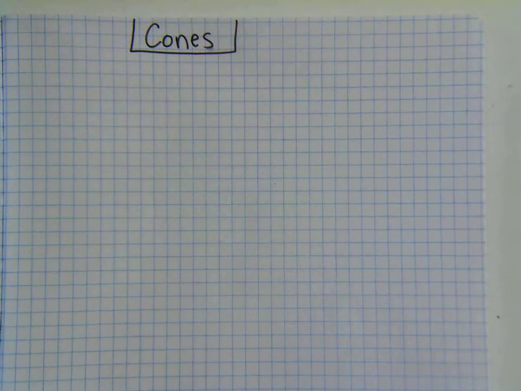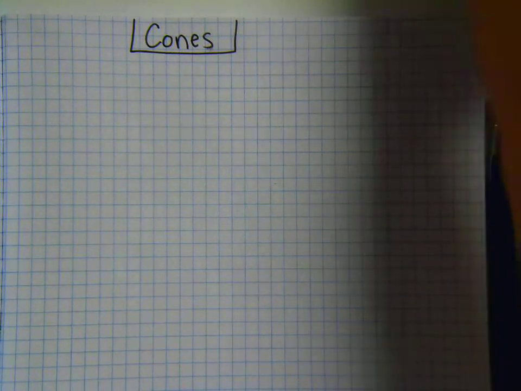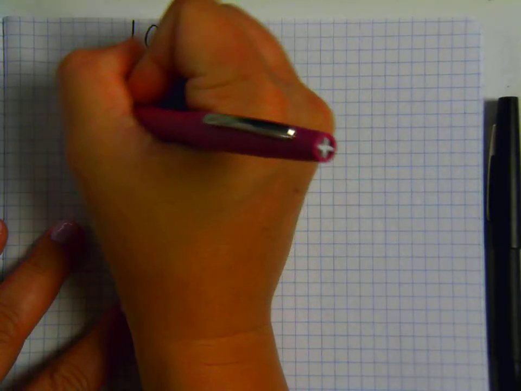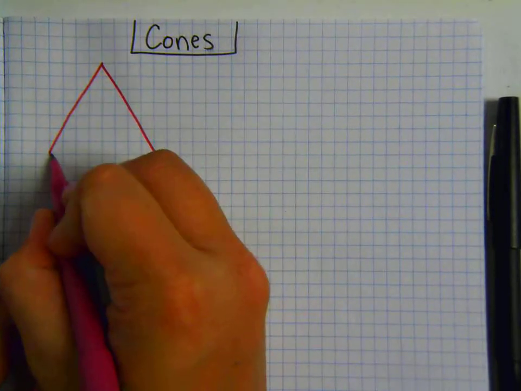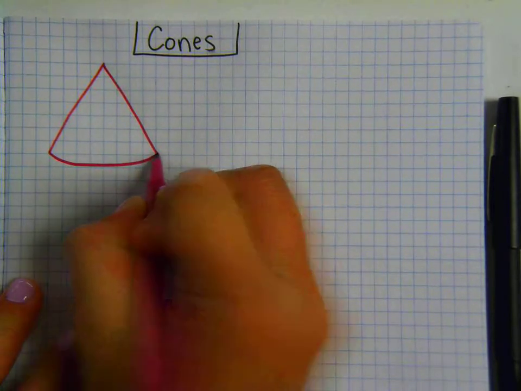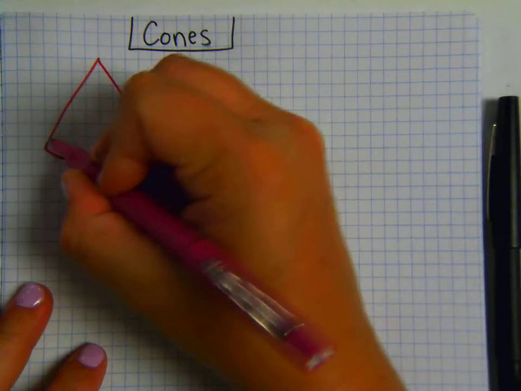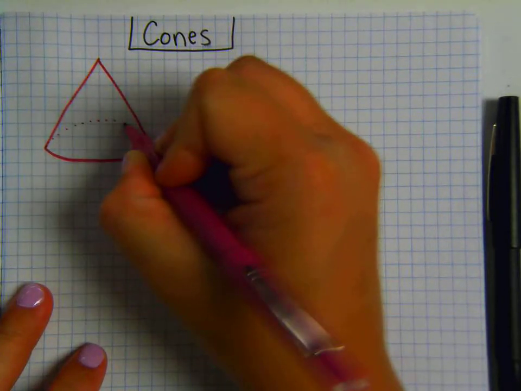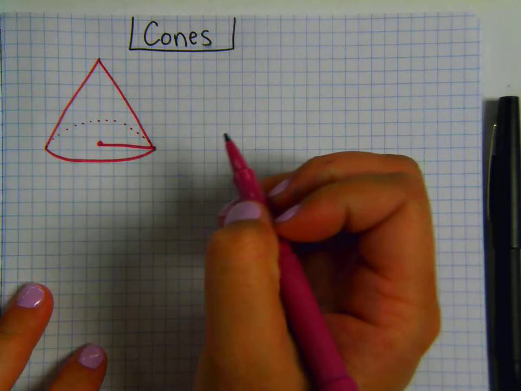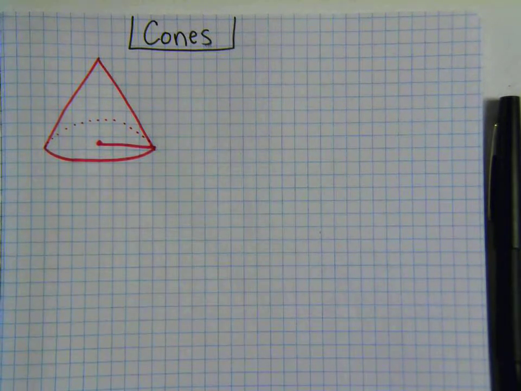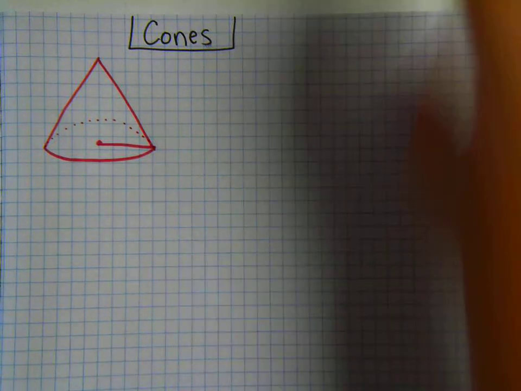Okay. So let's draw what a cone looks like. That's a cone. And then I'm going to draw kind of the other part of the circle and show that the radius is there. Okay? So, there's a few pieces of the cone that we need.